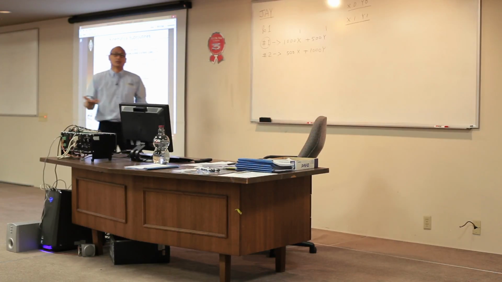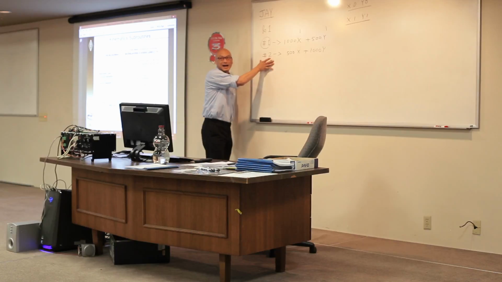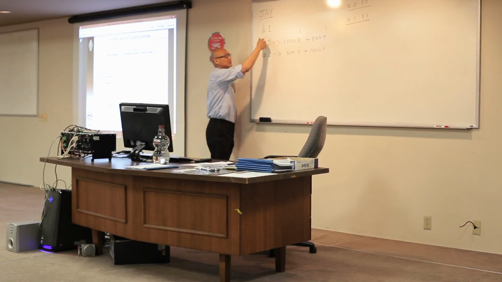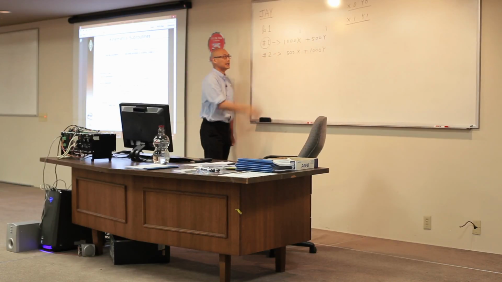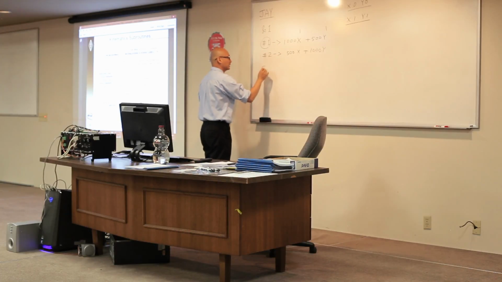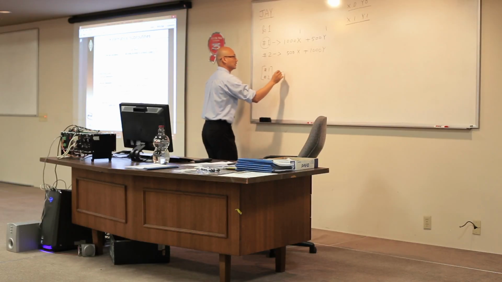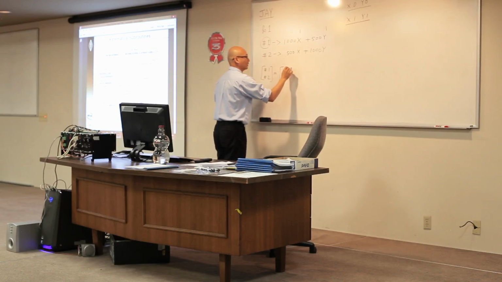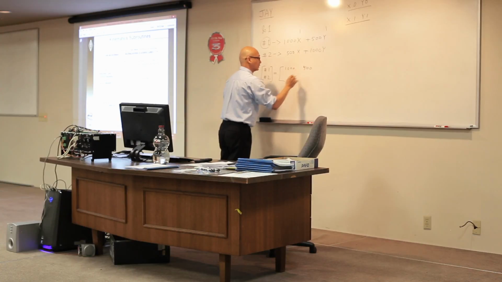So, by definition, you have to have another one to say, okay, this is a relationship. And you use these two as an equation, which can be simplified as this. Motor 1, motor 2 counts equal to this.